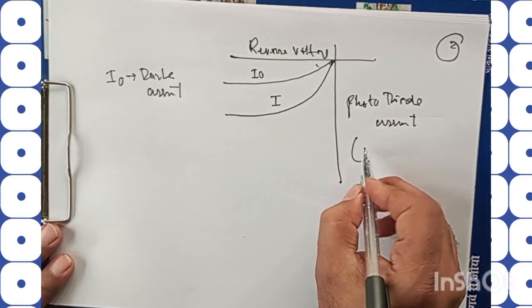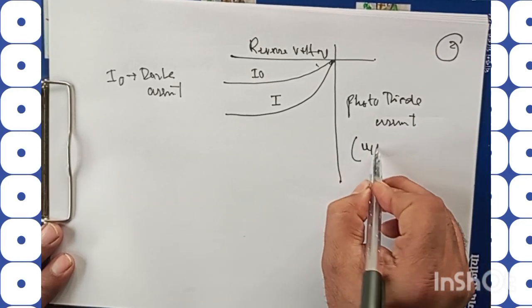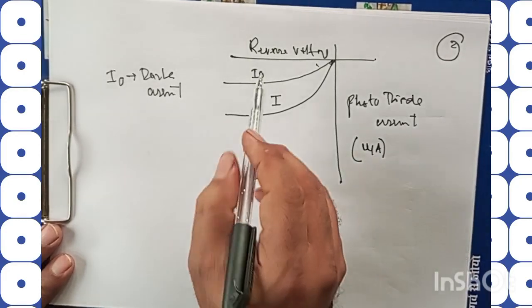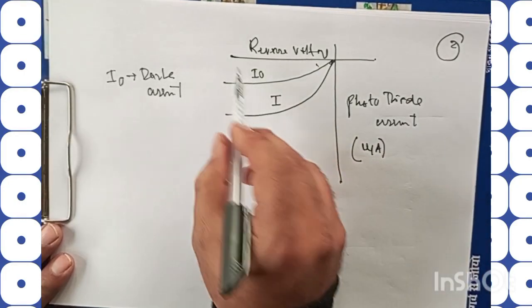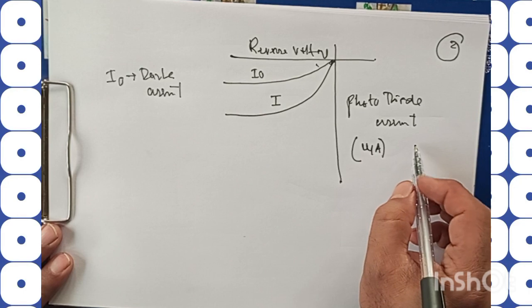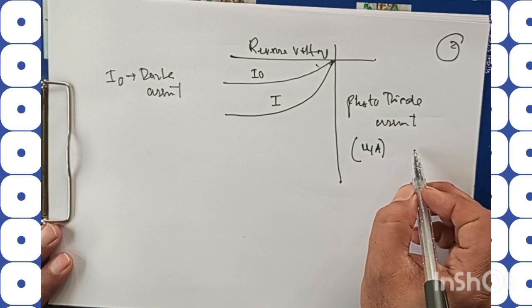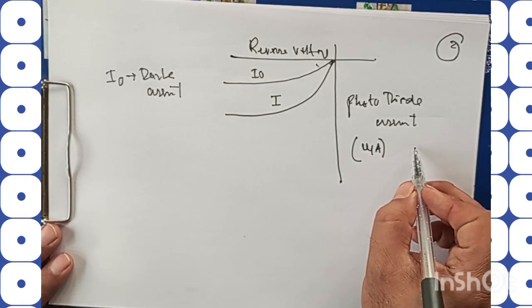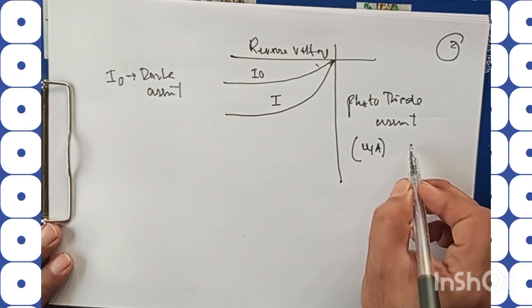Since it's in reverse biasing mode, we have microamperes. So we have to make sure that we operate this photodiode in a region before the breakdown voltage.